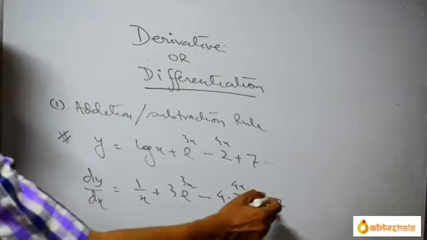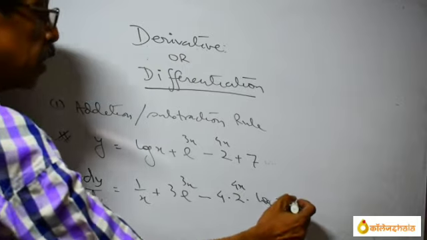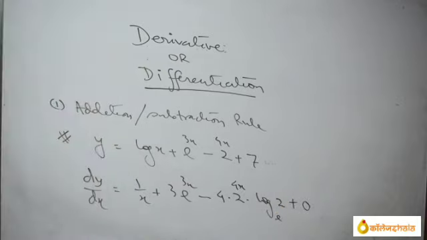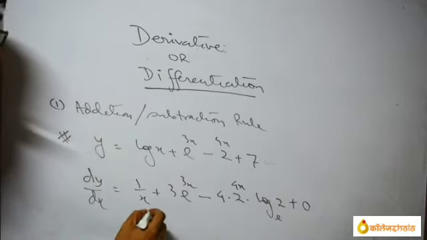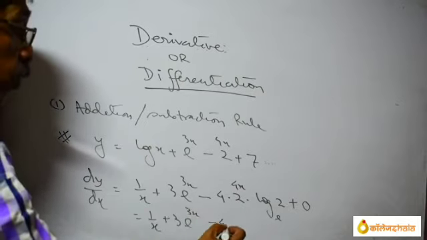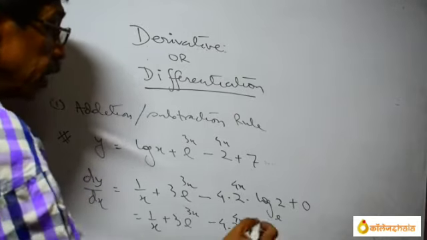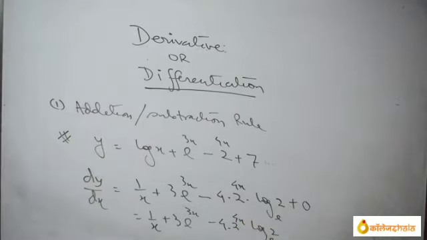And the derivative of 7 is 0. So the final answer is 1 by x plus 3 e to the power 3x minus 4 into 2 to the power 4x into log 2 base e. This is the addition rule.